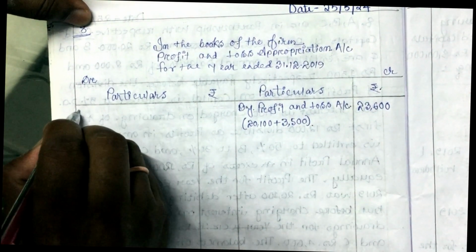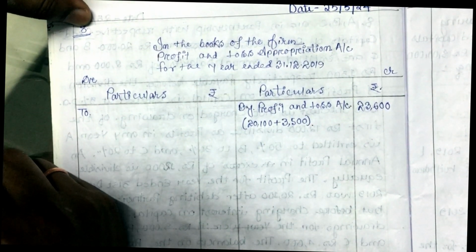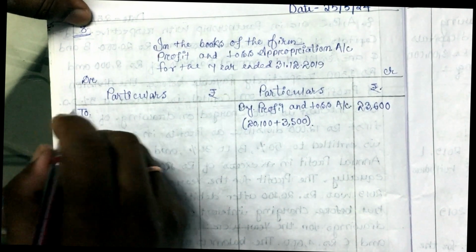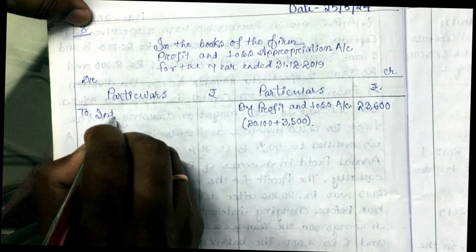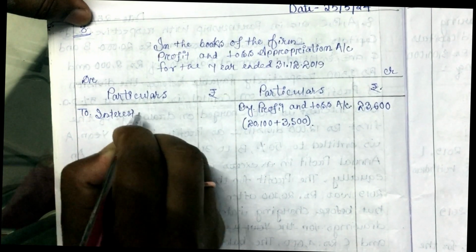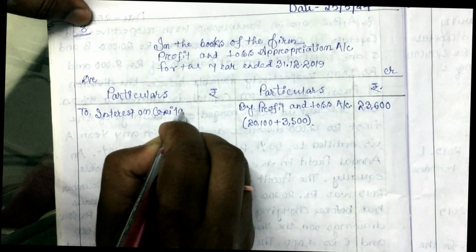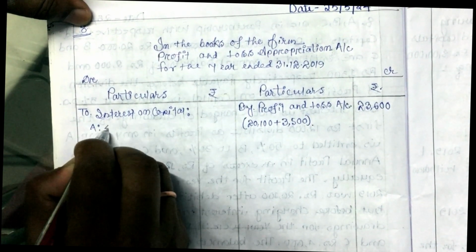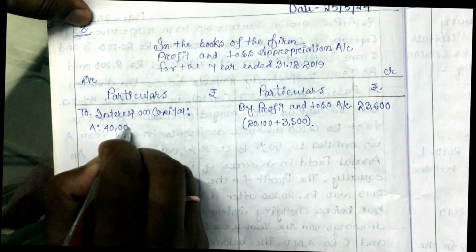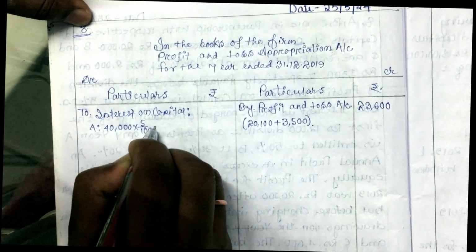Then come to the debit side. As per information, all the partners are entitled for interest on capital at the rate of 5%. Interest on capital. A's capital was rupees 40,000 and 5% of 40,000 will be rupees 2,000.